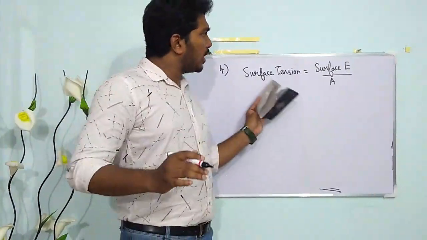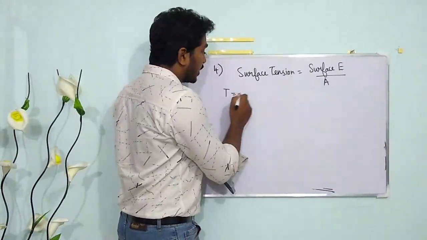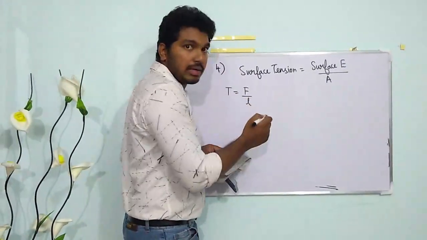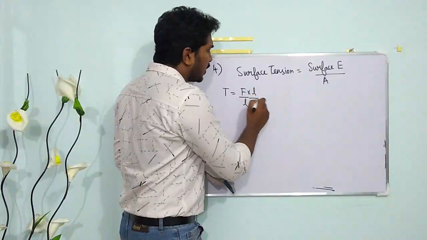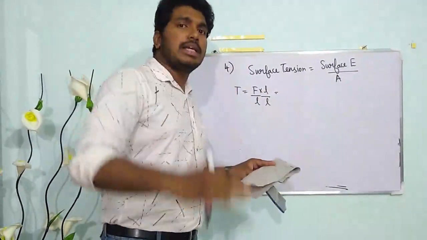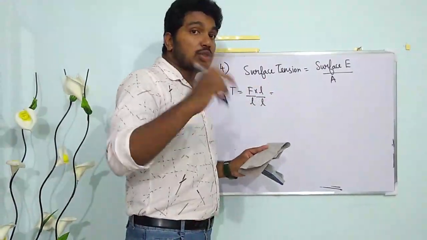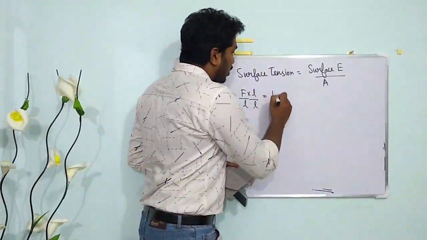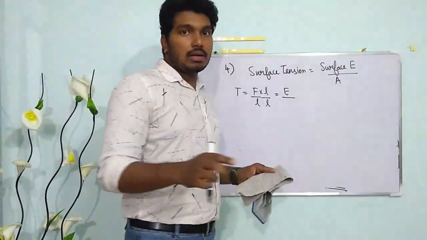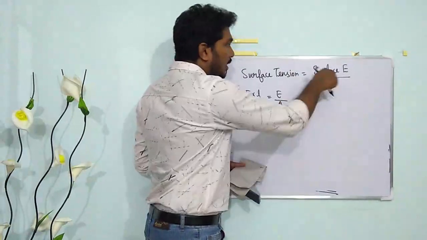Now in case you have any doubts how this equation came, just look here. We know that surface tension is equal to force by L, right? So just multiply with an L in the numerator and denominator. So what do you get? Force into length, or force into displacement. What is that? Work done, right? So work done is actually equal to the energy. So energy by L square. What is L square? Length into length. It is the area. So that's how we get that.